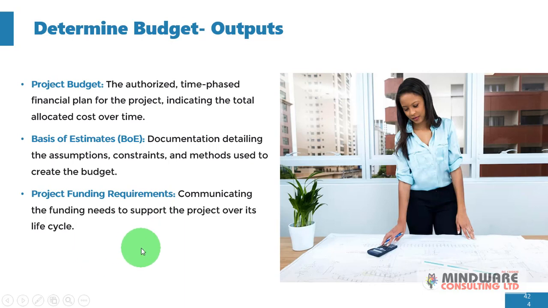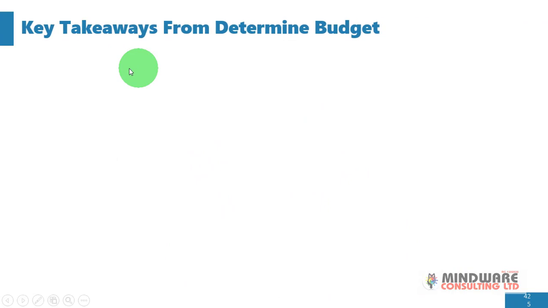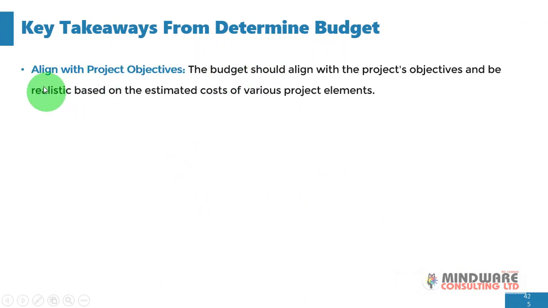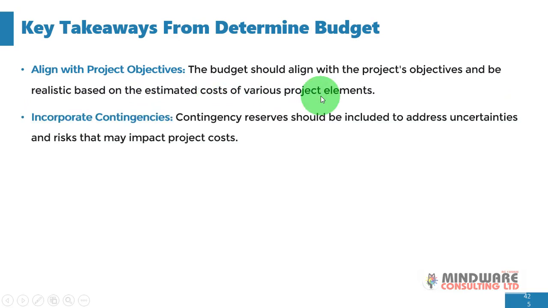Moving on, let's see some of the key takeaways from the determine budget. Align with project objectives. The budget should align with the project's objectives and be realistic based on the estimated cost of various project elements. Incorporate contingencies.